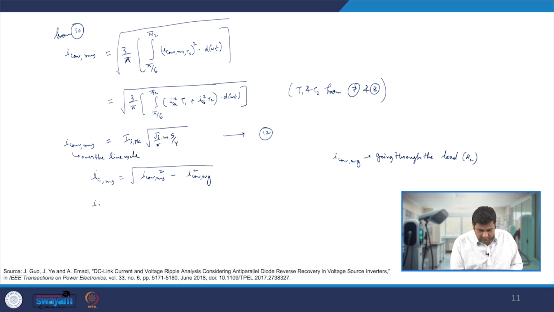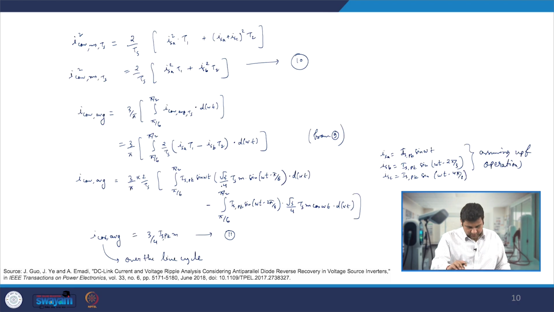So ICRMS is nothing but Is peak square, this is root 3 by pi M 5 by 4 minus I converter average.